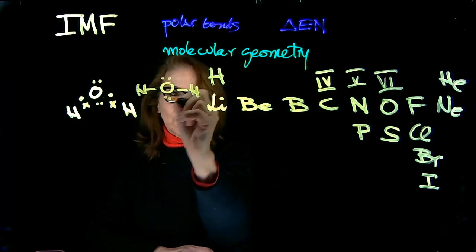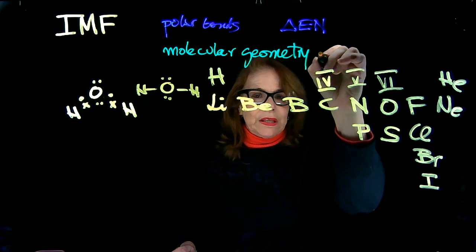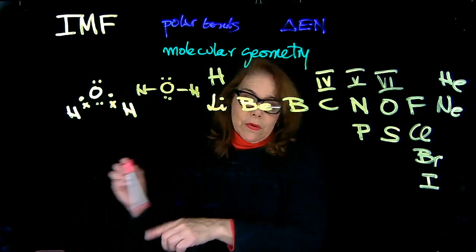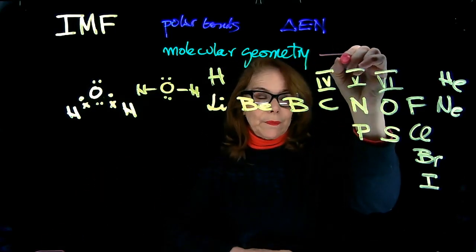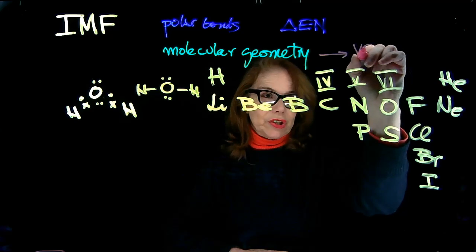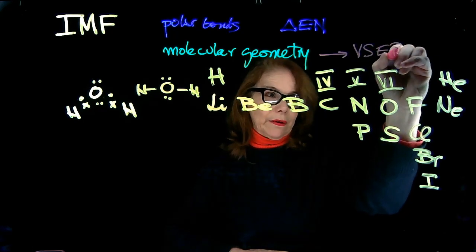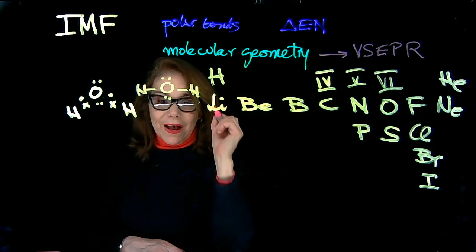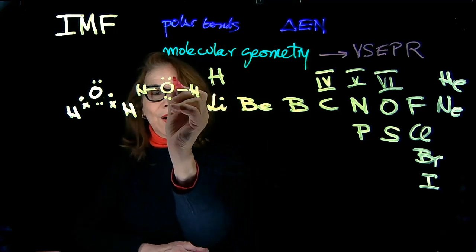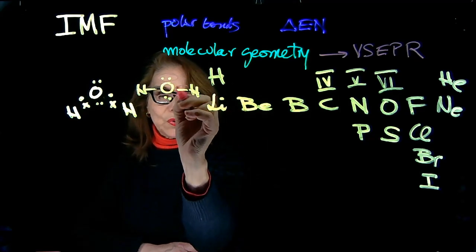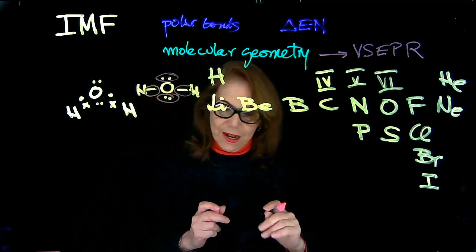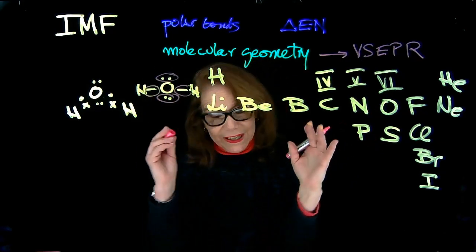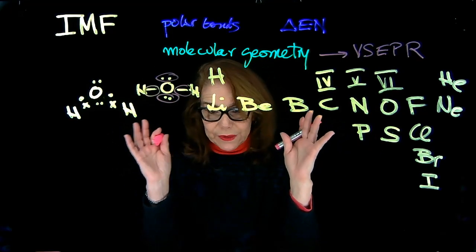But now the other concept, molecular geometry. What we need to be reviewing here is VSEPR theory, valence shell electron pair repulsion. So quickly, let's talk about electron domains. 1, 2, 3, and 4 electron domains. For that theory, we place those electron domains as separate as possible.